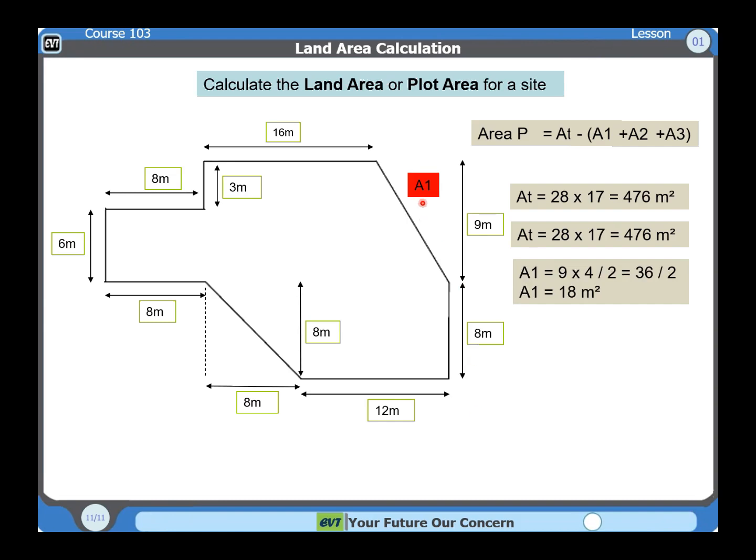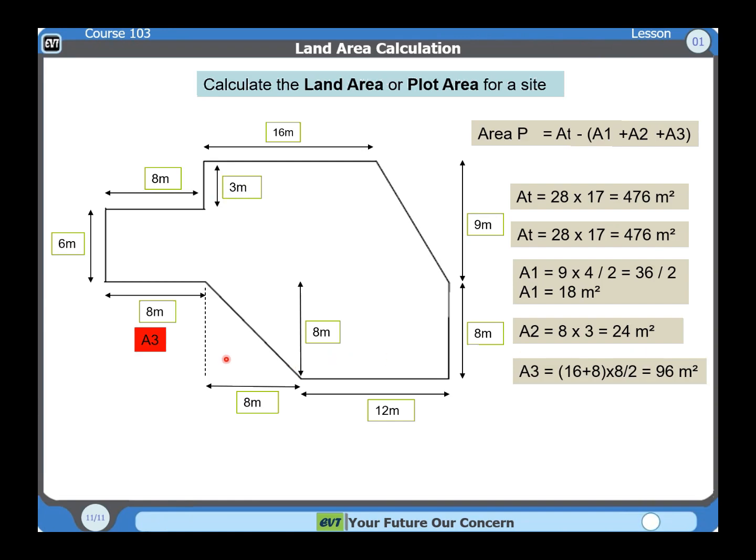We go now to calculate the area of this triangle. It is 9 times 4, we get it from the total minus 16 minus 8, and divided by 2 equals 18 square meters. Now we go to calculate the area A2, which is 8 meters times 3 equals 24 square meters.